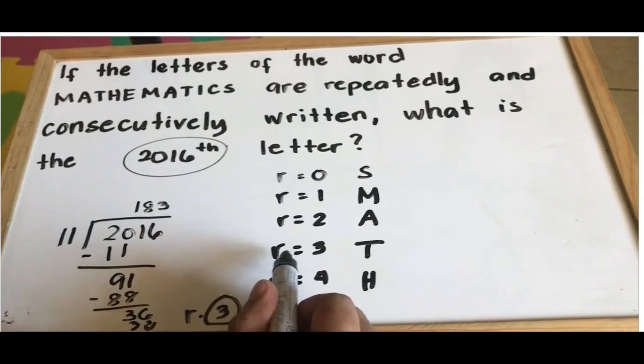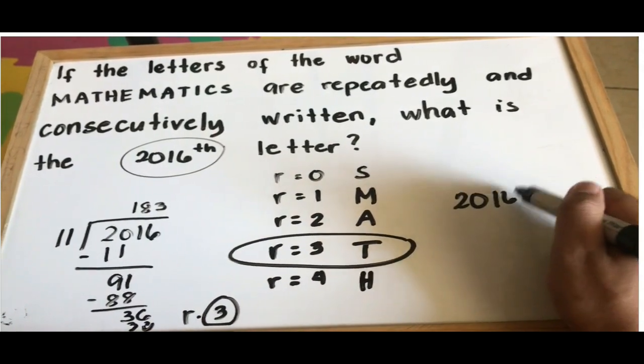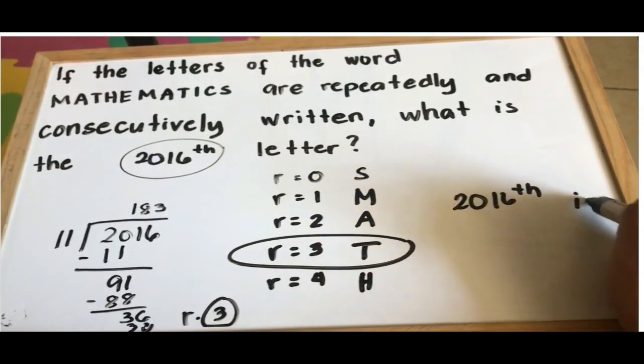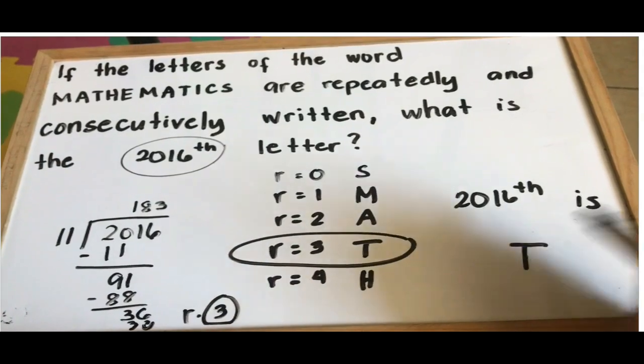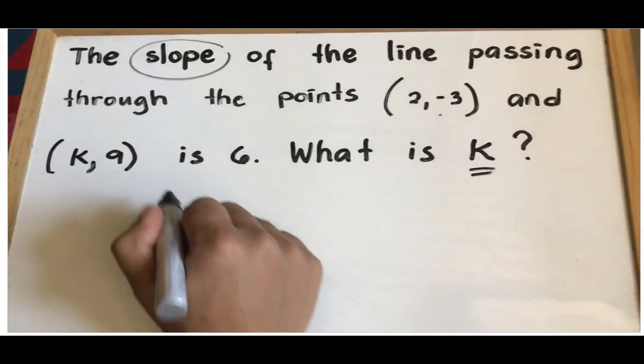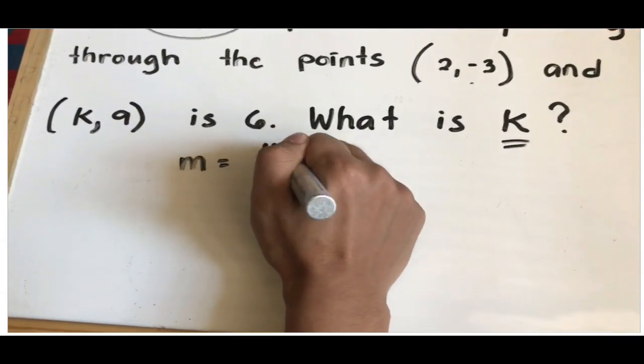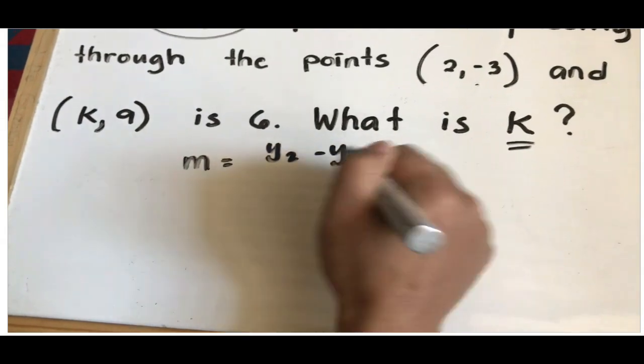So, that means, remainder 3, ang pang 2016 letter is letter T.